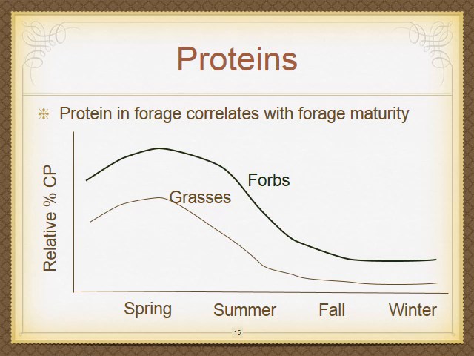So in the spring, grasses will have protein content approaching about 20%. And that'll decrease as the plants begin to proceed to mid-bloom, and so that'll be about 10%. And when the plants develop a seed head, they're going to be less than that, so less than 10%.